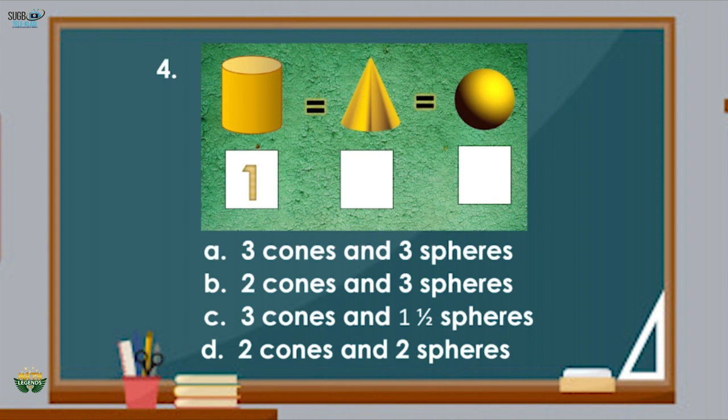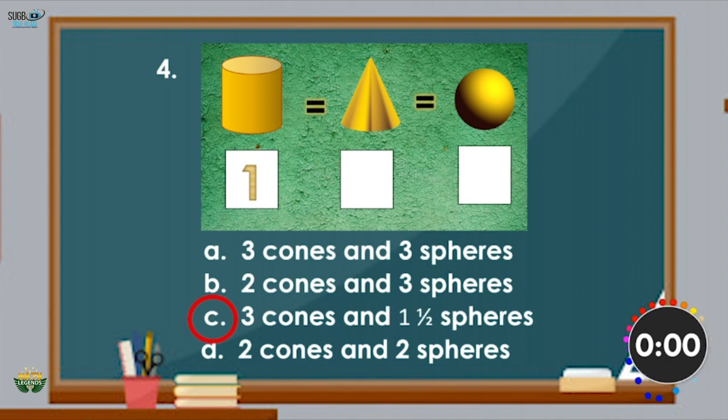There is a cylinder, cone, and sphere of the same diameter and height. For one cylinder, how many of such cone and sphere are needed to make them equal? Correct.